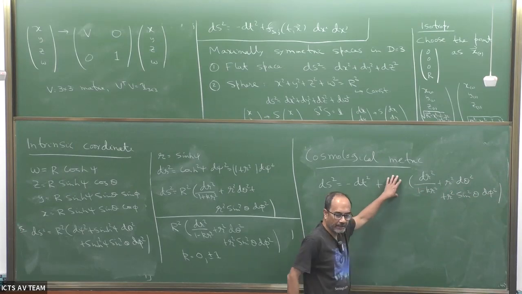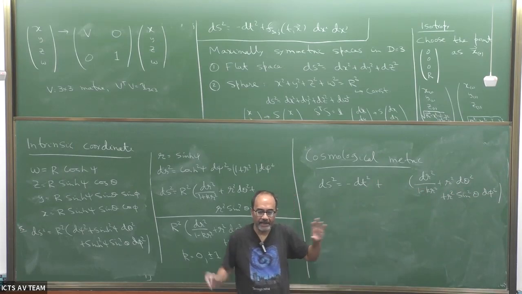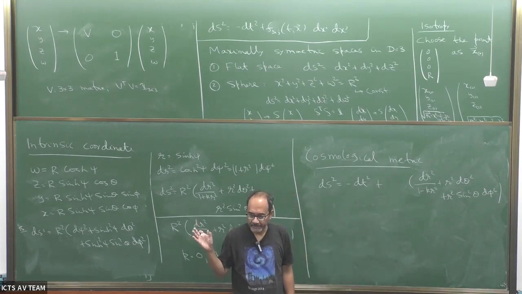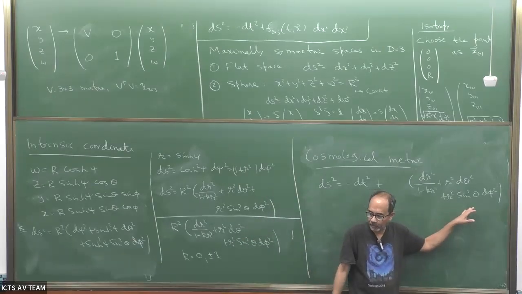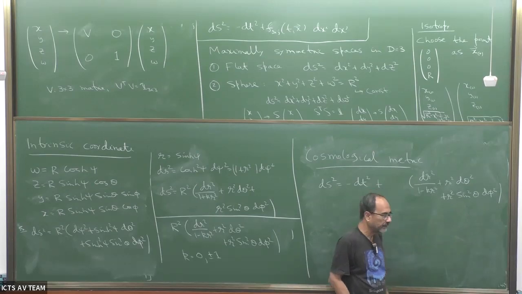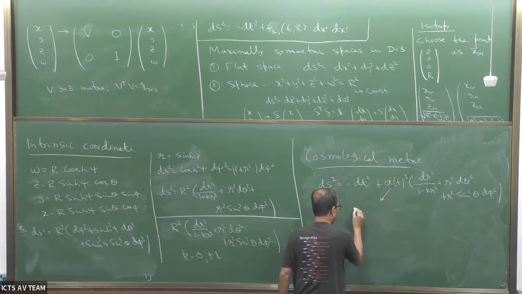And there is a capital R squared sitting outside. But that we can make time dependent, because if that becomes a function of time, this part of the space still remains homogeneous and isotropic. So I'll write this as a of t squared, where this is some arbitrary function of time.